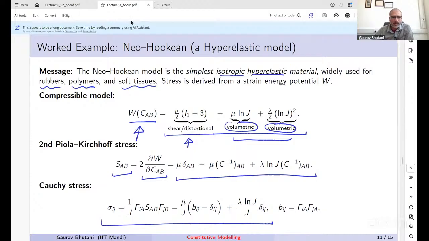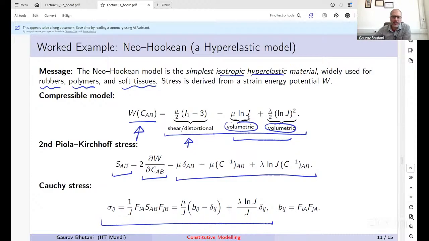And so there was a question here that while deriving this S from this W, if you take the derivative of the second or the third term, basically what you get is the partial derivative of the Jacobian with respect to CAB.